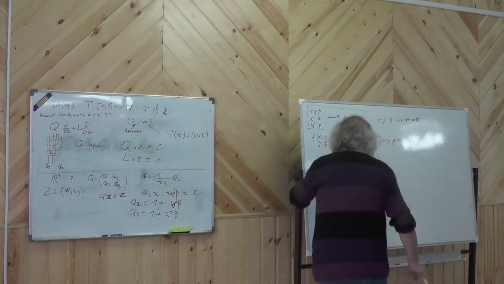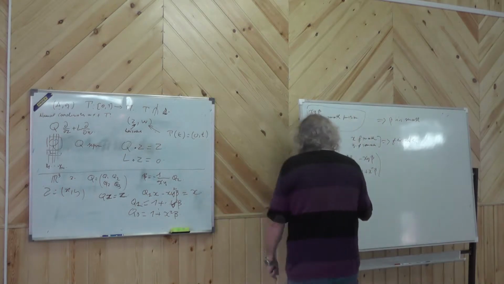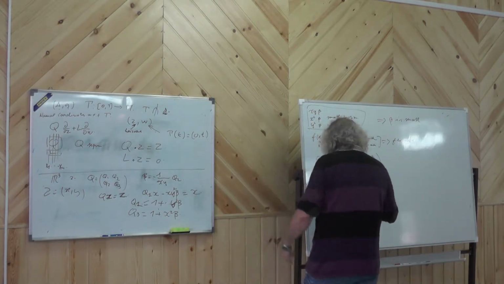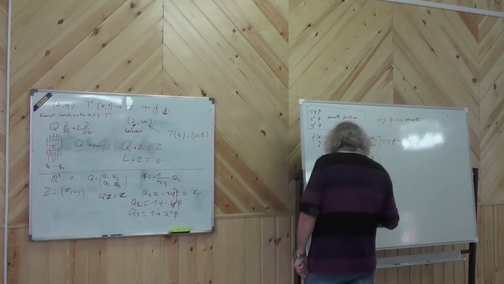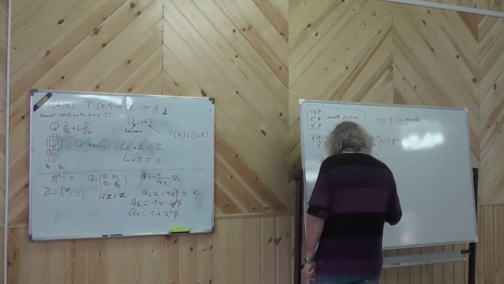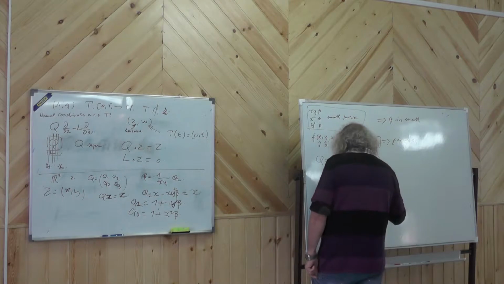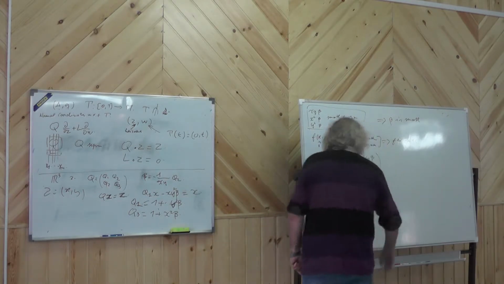With more or less the same type of argument, you get that L is in fact like that. It is another function gamma times y over 2 and minus x over 2.